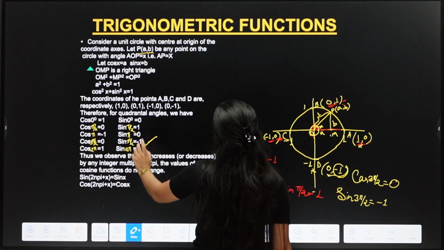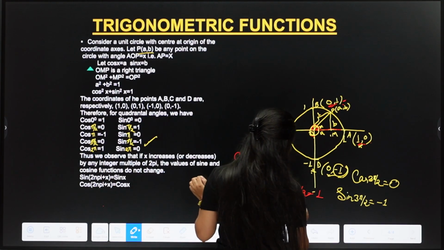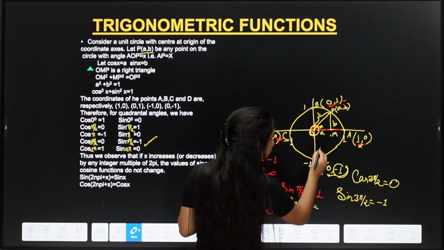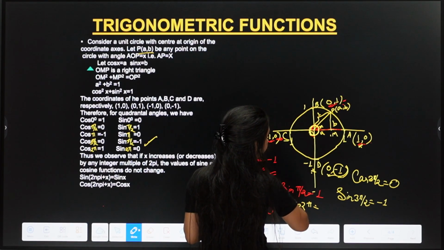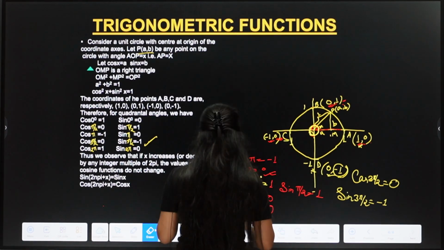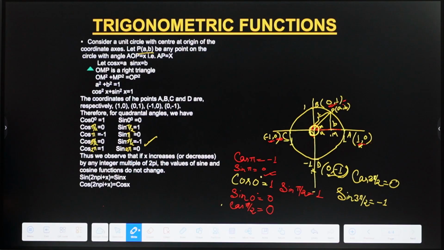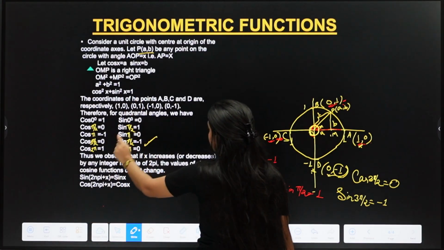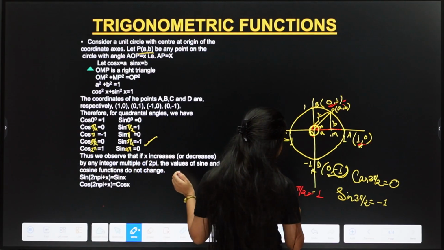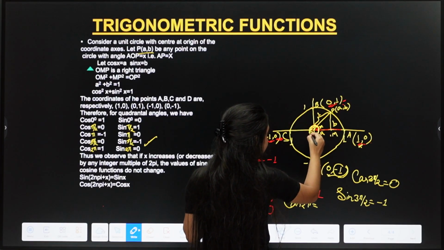Again, if we put x equal to 2 pi in place of x in cos x, then it will be cos 2 pi, and it will make a 360-degree angle.